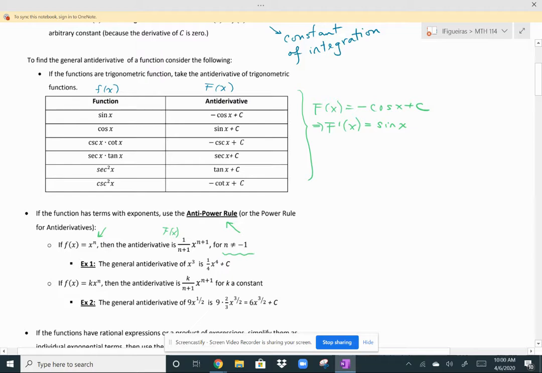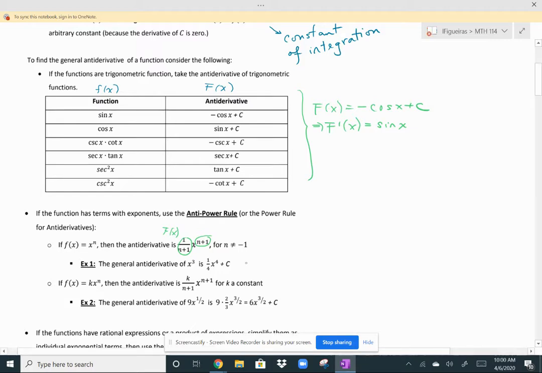Notice that we are adding 1 to the exponent, and then we're multiplying by the reciprocal of that number. That will be your technique to find the antiderivative of a variable raised to a power.